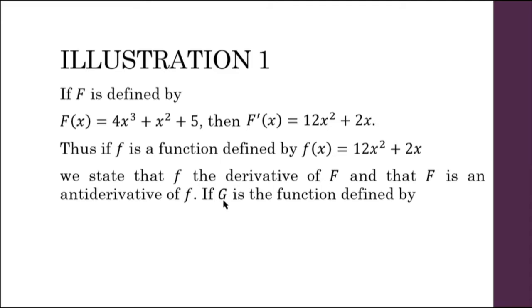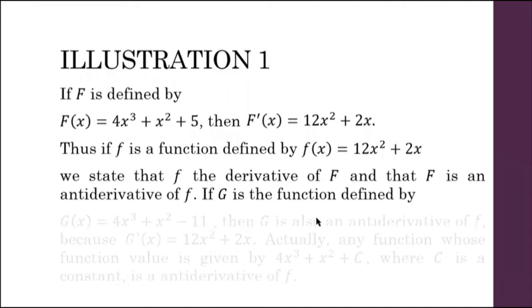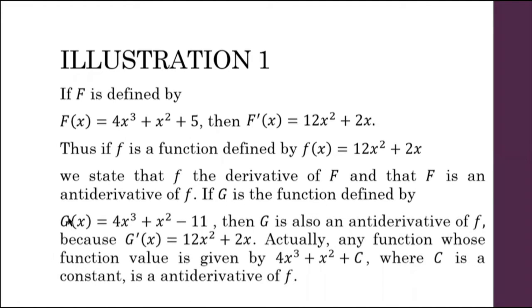Okay, another example. If big G is the function defined by big G of x equals 4x cubed plus x squared minus 11, then big G is also an antiderivative of small f because if we find the derivative of big G, big G prime of x is equal to 12x squared plus 2x. Notice that the derivatives of big G and big F are the same function small f.